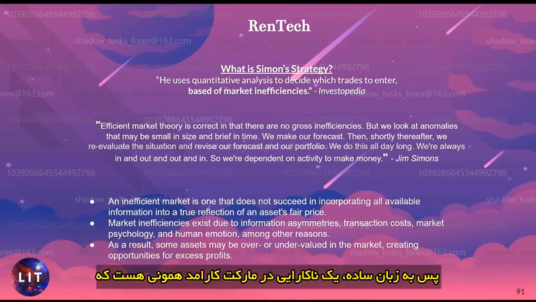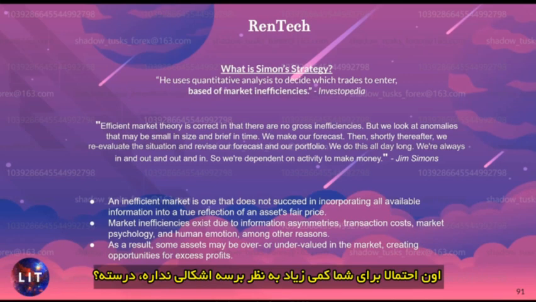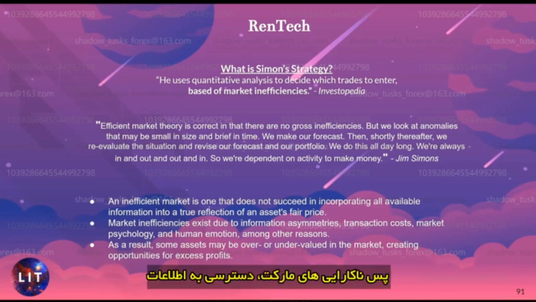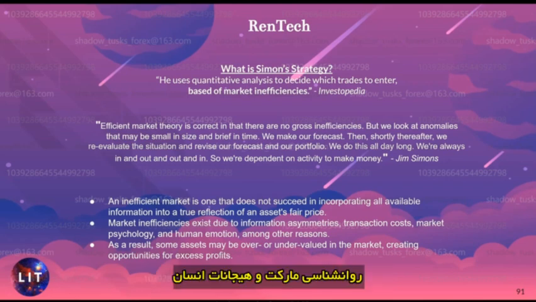In simple terms, an inefficient market is one that does not succeed in incorporating all available information into a true reflection of an asset's fair price. Maybe it sounds like a bit too much for you, doesn't matter, right? Market inefficiencies exist due to information, transaction costs, market psychology, and human emotions.